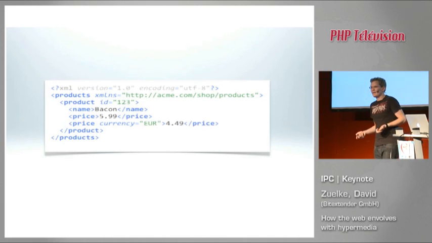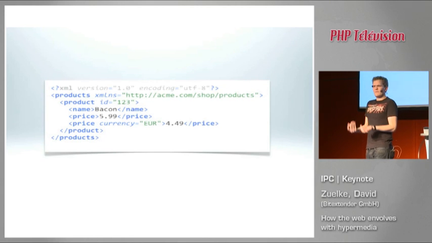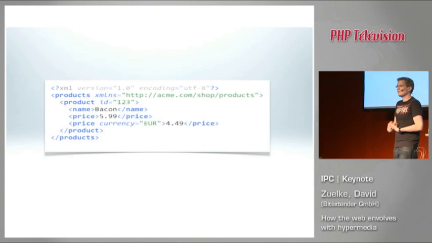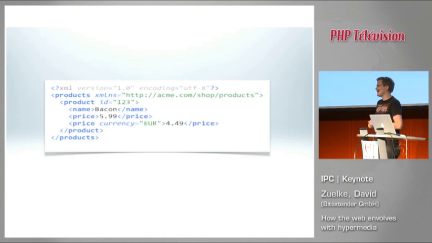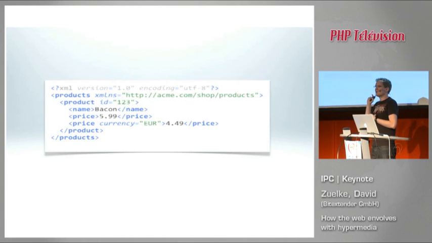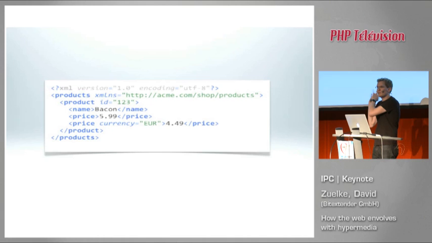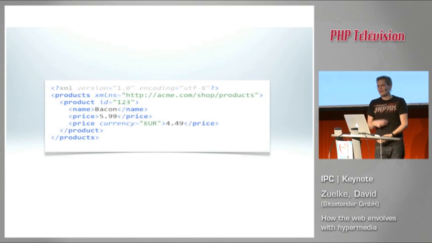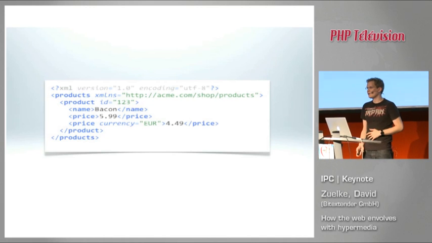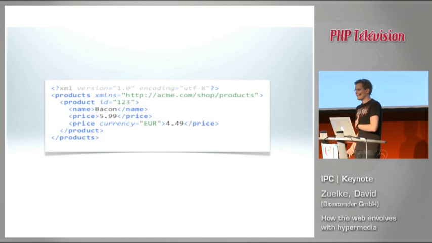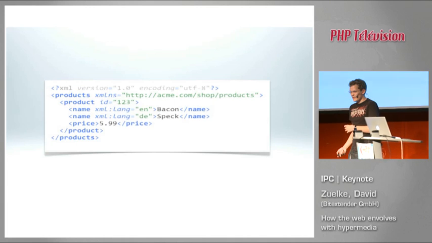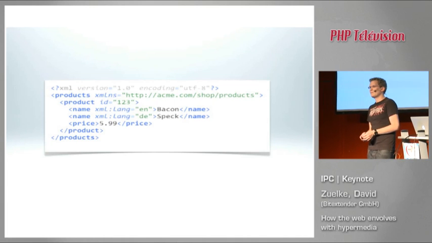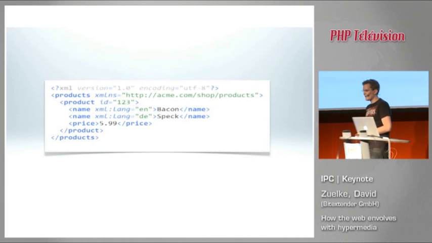And if I add a second price element, I can add further information for newer clients, and old clients that haven't yet updated to this new understanding, which is not essential to the understanding, so I don't have to break stuff, I don't have to break meaning. Whenever they have time, they can update and they can display prices in different currencies, right? Or I could say, hey, I have 2 languages for the bacon now. You can also now buy Speck.